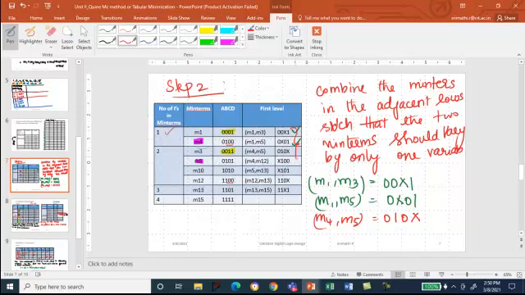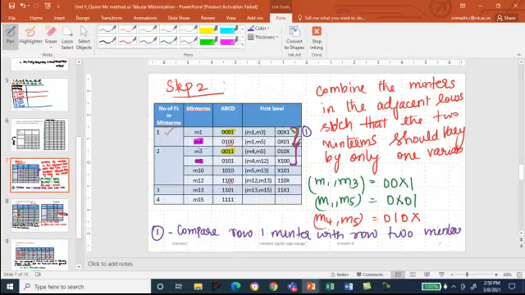This is for the first row. So the first step is nothing but compare row 1's minterms with row 2 minterms.